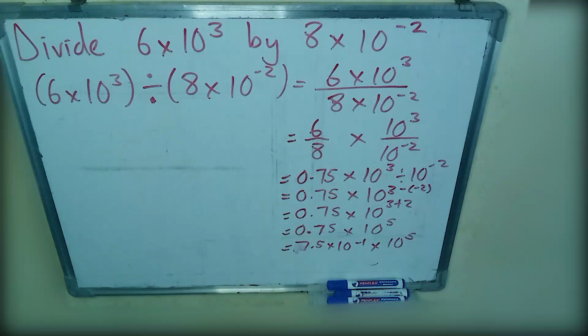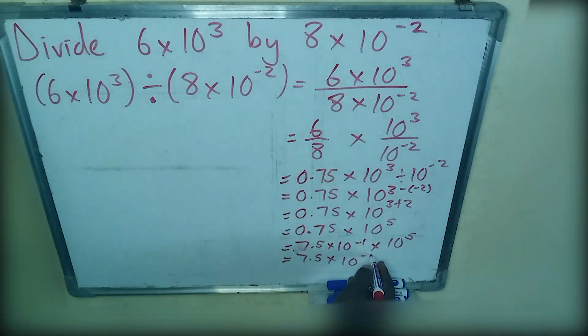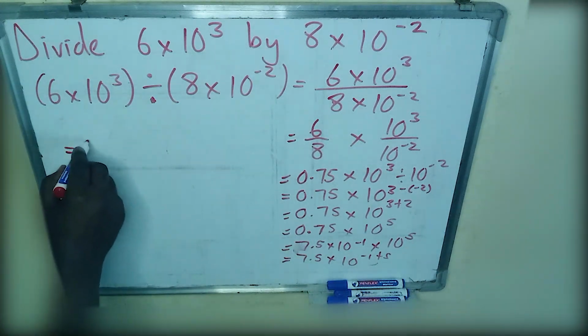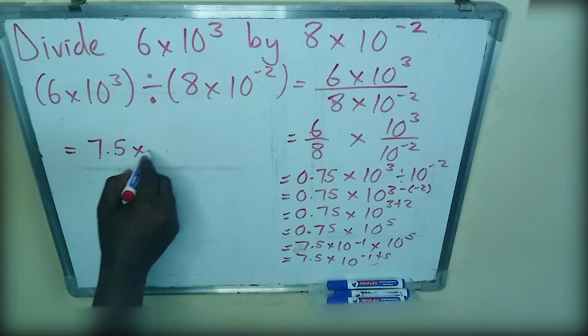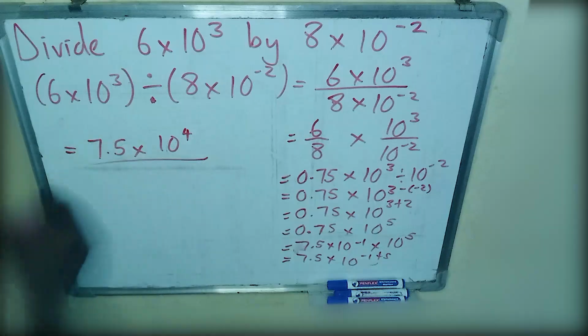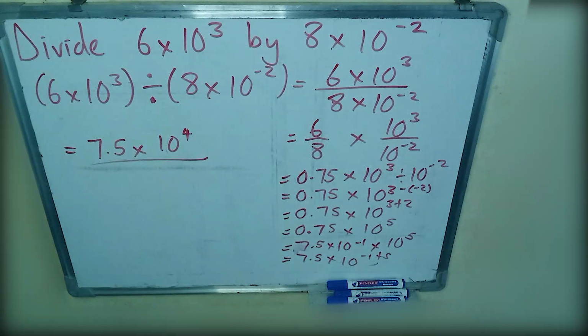So we can now simplify this: 7,5 times 10 to the power of minus 1 plus 5, which gets 4. So this is the answer. Your answer in standard form is 7,5 times 10 to the power of 4.